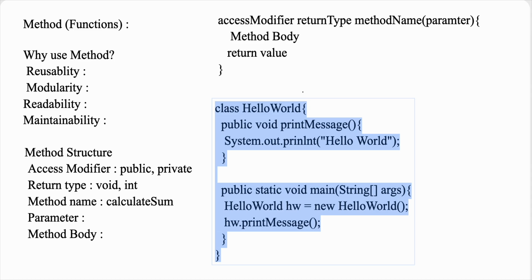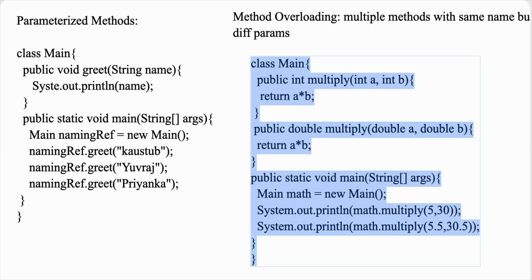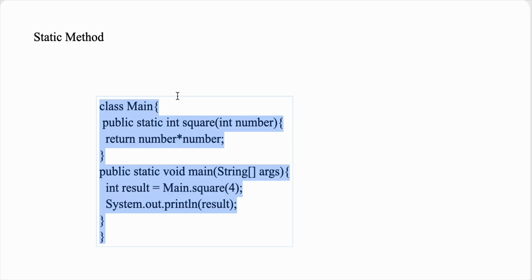The types of method are void method, method with return value, parameterized method, method overloading, and finally static method. So we have done this much, and now we start object oriented programming.